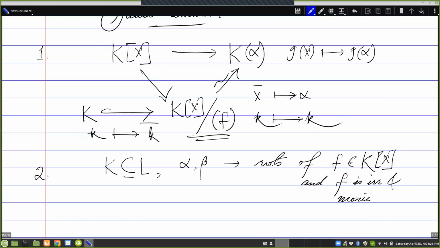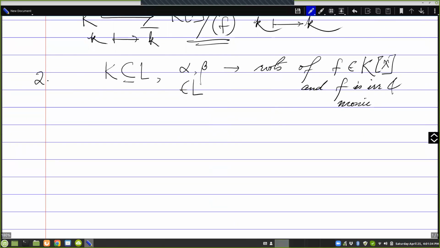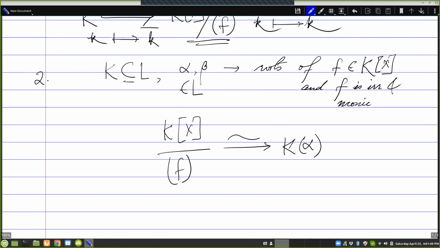So what it says is that suppose alpha and beta are two elements in L which have the same monic minimal polynomial. Then on one hand we have this isomorphism from K alpha, and on the other hand we have the isomorphism from K beta.